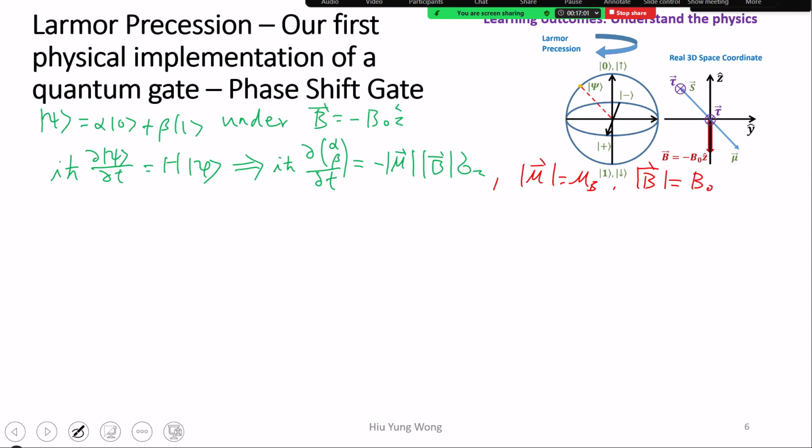Thank you. That's why I can further write this equation as two equations, like what I said last time.